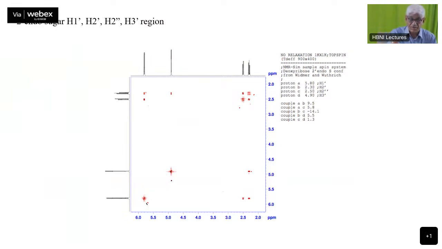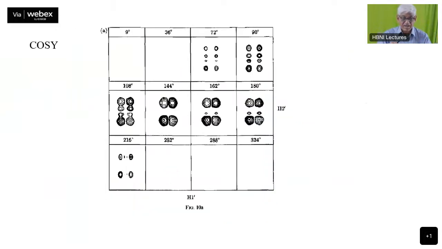So this is the 1', this is 3', this is 2'', and this is 2'. You will see cross peaks between these for a single nucleotide, single sugar. And of course, as I said, depending upon the P value, all of these things become very complex.